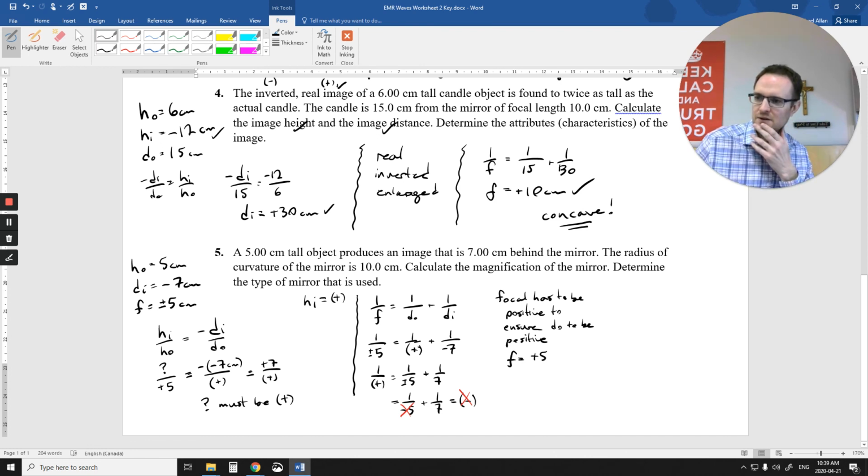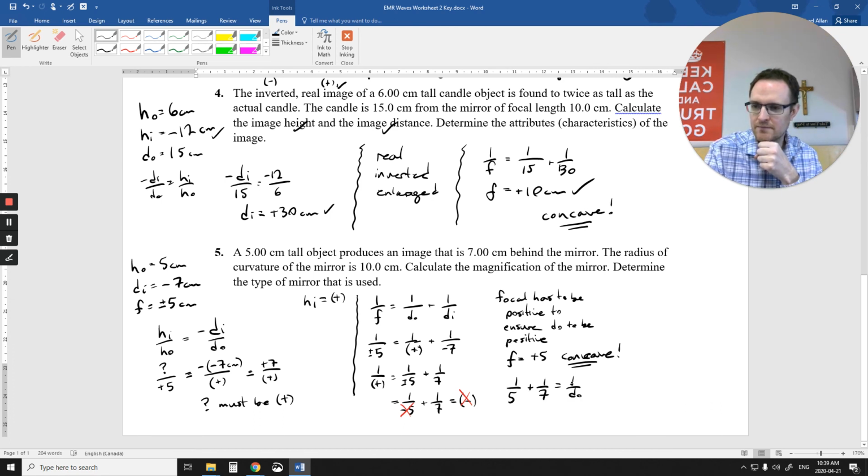Okay, now we can do a bunch of stuff here. We know what type of mirror it is, so it's positive, so that means this is concave. Awesome. So we know it's concave. Now we want to determine the magnification. That means we're going to have to find the DI. So if I know that this is positive 5, if I add over the 7, I can get the DO.